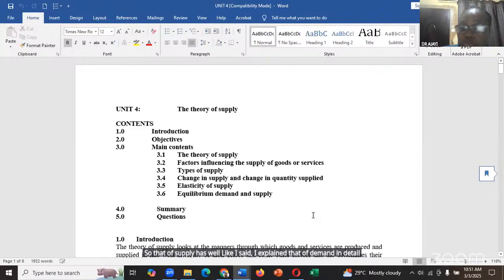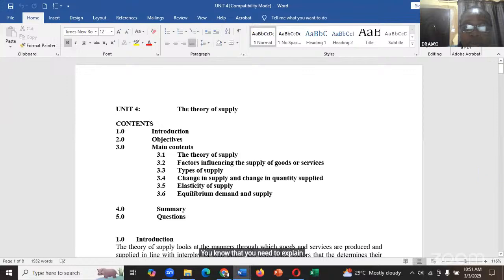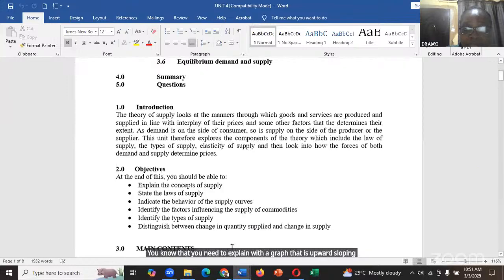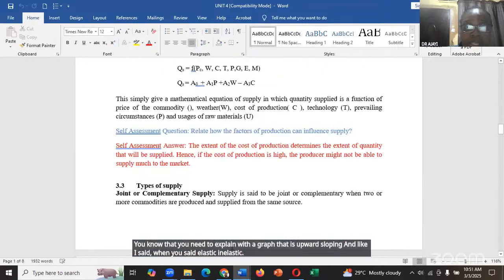And I want to believe that when you are comparing that with supply, you know that you need to explain with a graph that is upward sloping. And like I said, when you say elastic, inelastic, it depends on the shape.